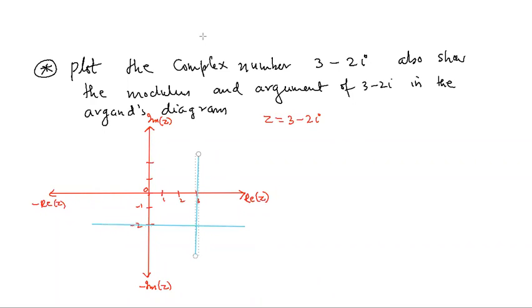Now wherever they intersect, this point is 3 minus 2i. This is your set.